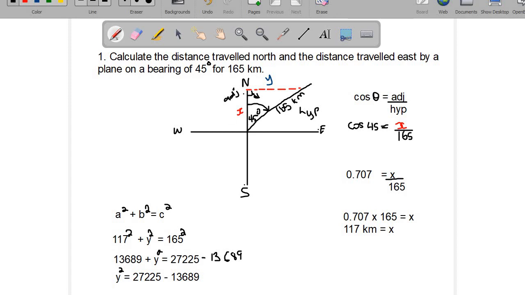Okay, so that means y squared is going to be equal to, when I subtract that, I got 13,536.